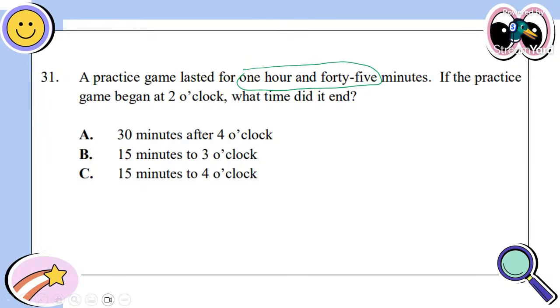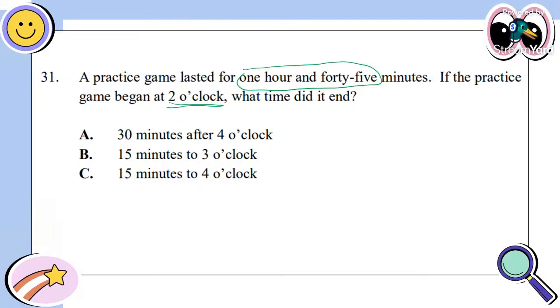If the practice began at 2 o'clock, another important information, what time did it end? William says 3:45. Now, find your answer in the chat.